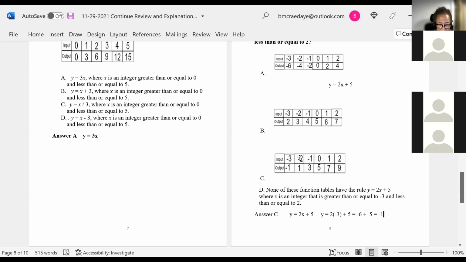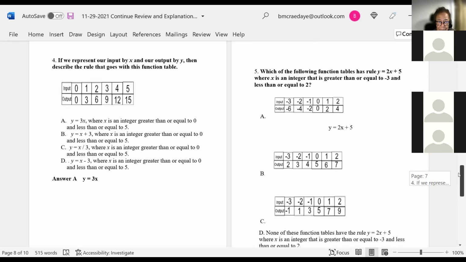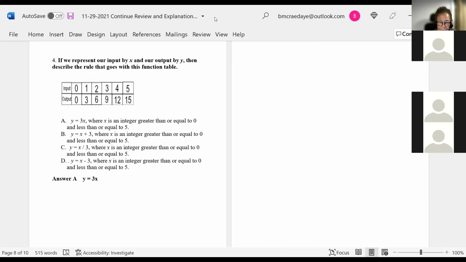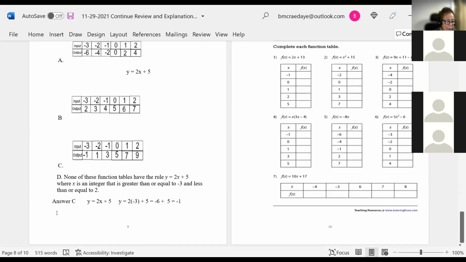Now do the same for the minus 2. Let me just bring that down. Now, Audrey, I want you to put the minus 2 over here. Now we'll use the Y equals 2x plus 5 again, and I want you to put the next value in there.